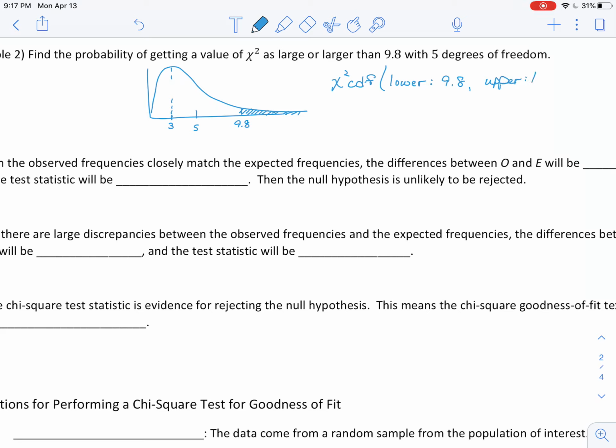So again, that was a lower of 9.8, an upper of a very large number to simulate infinity, 5 degrees of freedom. And I got 0.081-ish. So like all other density functions, the area under this curve is 1. So if we know that this area is 0.081, we could find the leftover area in here.